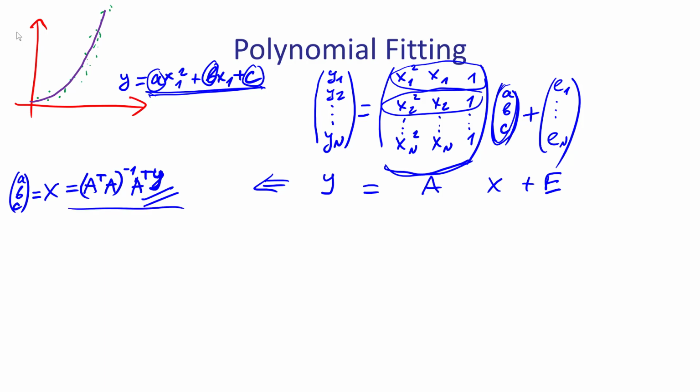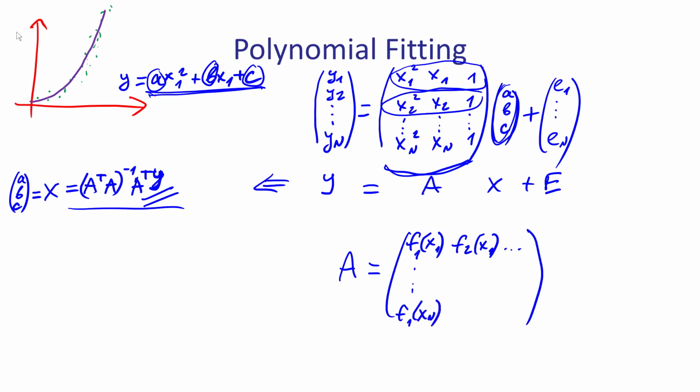More than that, you don't have to use even polynomials. Inside of that matrix, in matrix A, you can have any functions of x1. It could be f1, f2 of x1, and so on. So it could be basically anything until you get to f1 of xn, f2 of xn, and so on. So those functions could be anything.